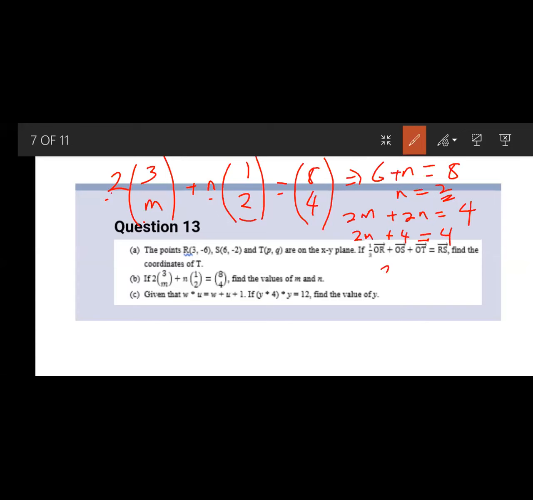As a result, 2m will be equal to 4 minus 4, 0. And m equals 0 over 2, which is 0. That is the solution to that particular one. So question 13. If there's no question, we can move.